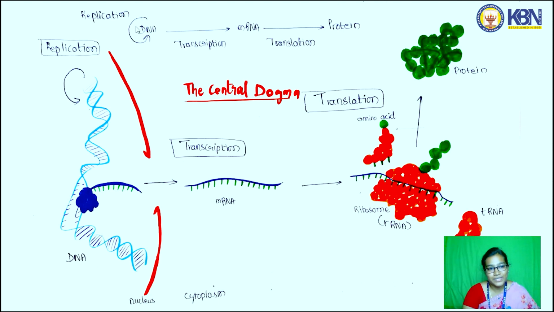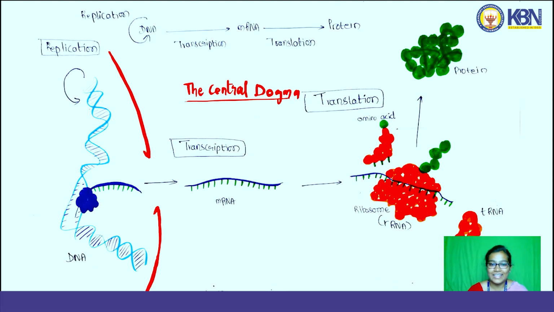For that purpose, DNA gets replicated. So in the central dogma, we have DNA being replicated whenever necessary, DNA being transcripted, and RNA being translated. We call this theory of central dogma, where the genetic information is transferred, is flowed into the protein.